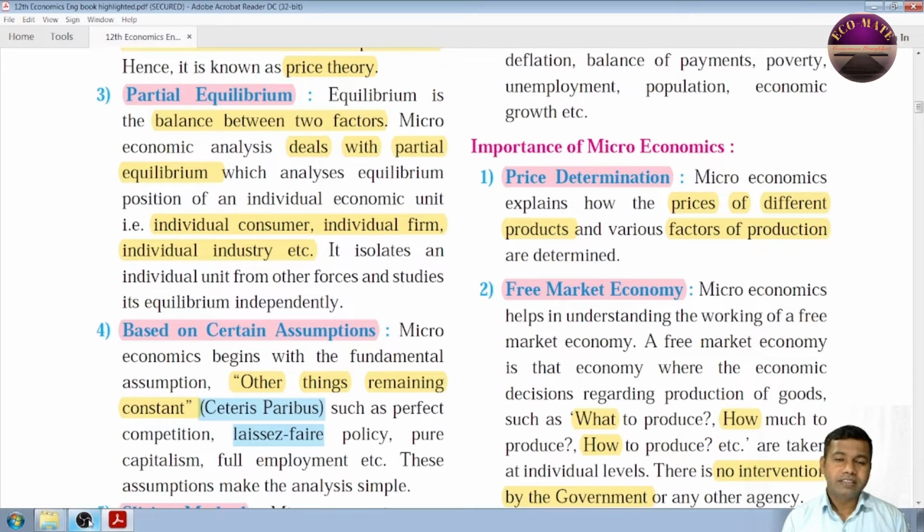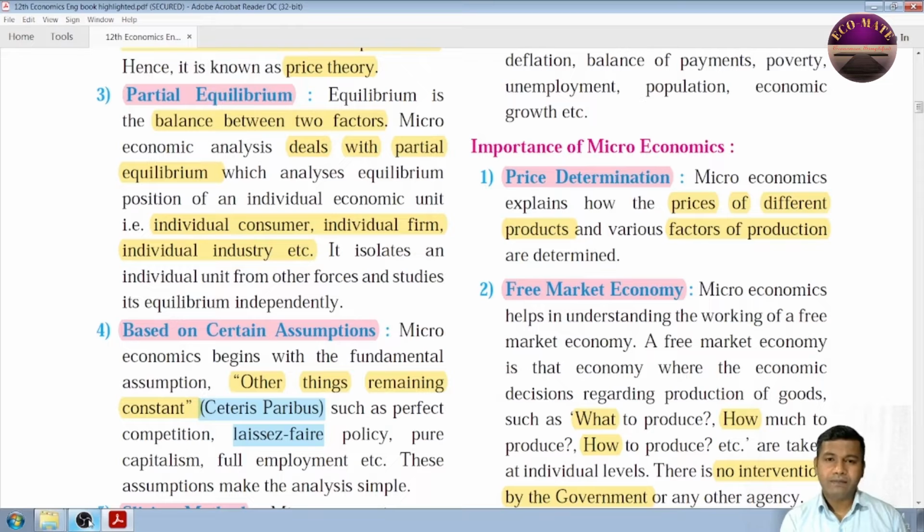So what kind of decisions will be taken? Each and every nation has certain resources with them. In a similar way, producers and consumers have certain resources with them. A producer will have a certain amount of capital, and he has to decide what to produce.